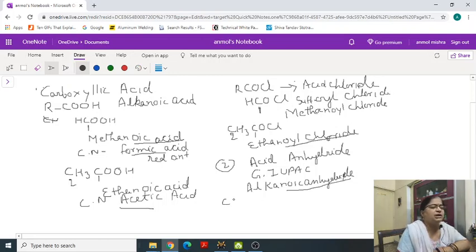First example, CH3COOCOCH3. Now around O, the same number of carbon atoms are present. Therefore, for 2 carbons we write ethane, remove E and add oic anhydride.